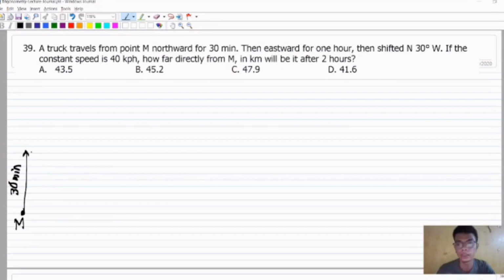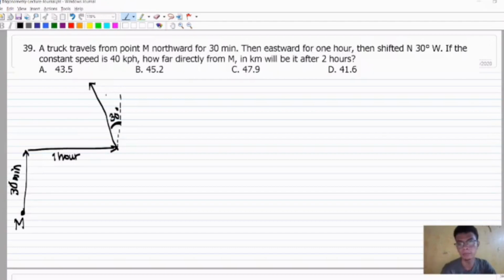Next, eastward for 1 hour. Then pangatlo, shifted north. Diba? If this is the north, mag-shift daw siya 30 degrees papunta sa west. Ito, papunta sa west. Ito naman yun. Hindi pa sinabi kung gaano matagal.